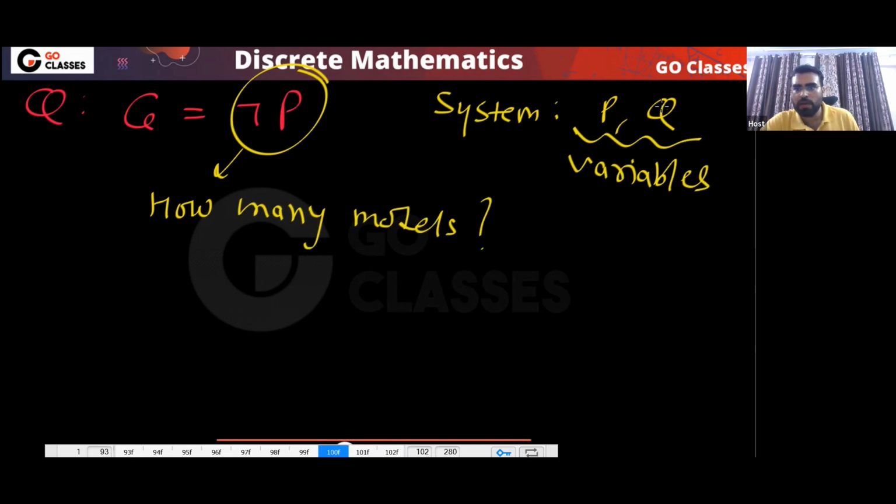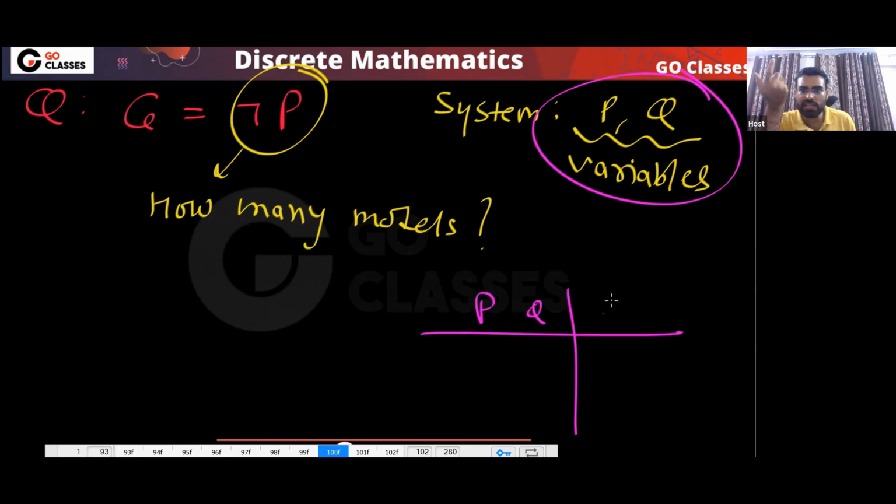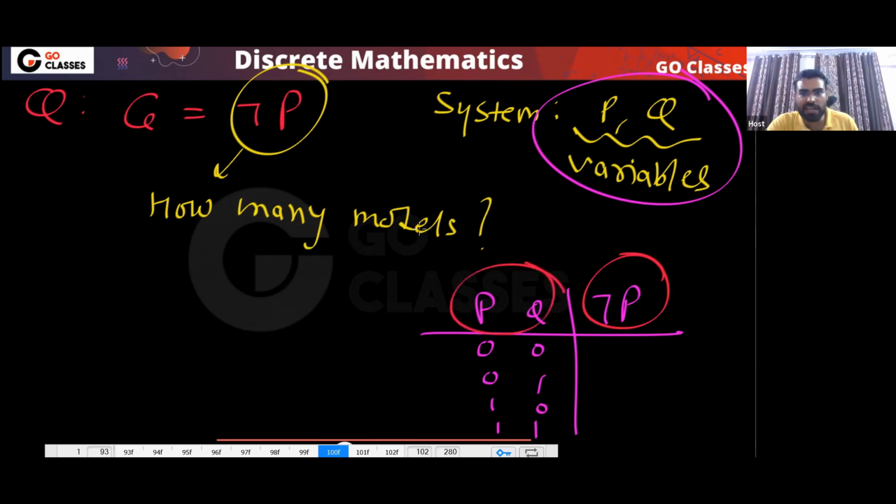If I want to define an expression, is it mandatory that I take all the variables?